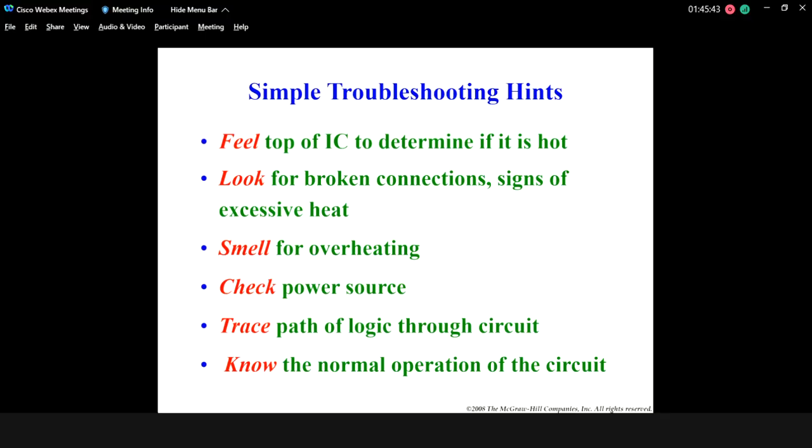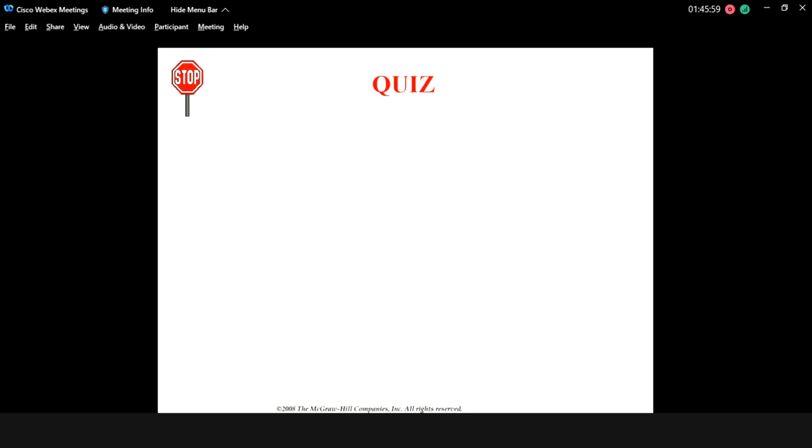The troubleshooting hint for the IC is still the same. You feel whether it's hot or not, look whether it is broken, smell for overheating, check the power source and trace the logic gate. And finally, we know the normal operation of the circuit.